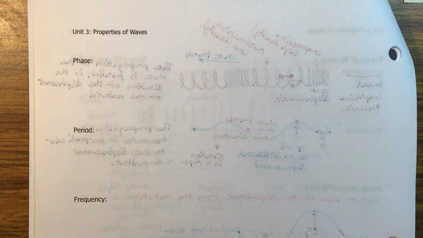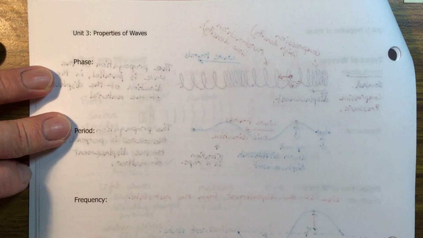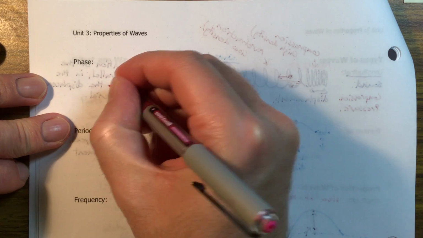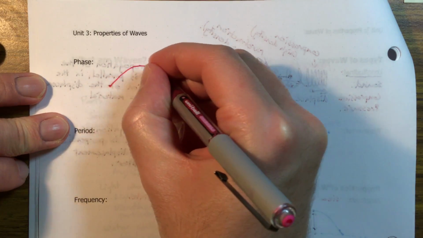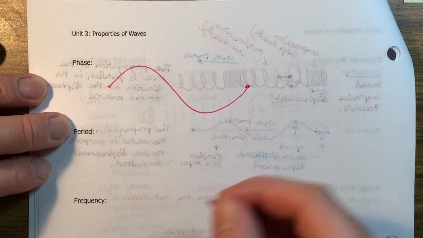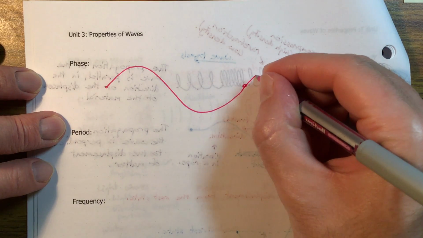So phase. We already talked a little bit about 2 points that are in phase. So let's draw a wave again. Okay, so we're going to have to draw 2 waves.